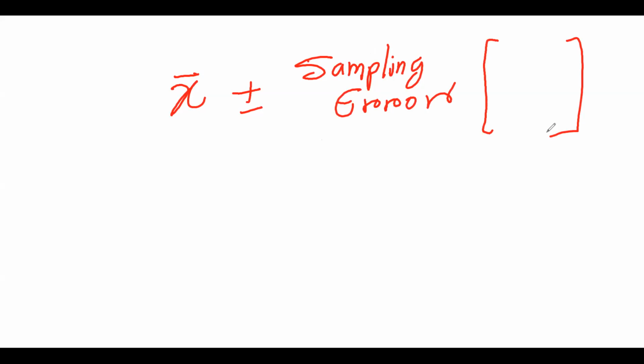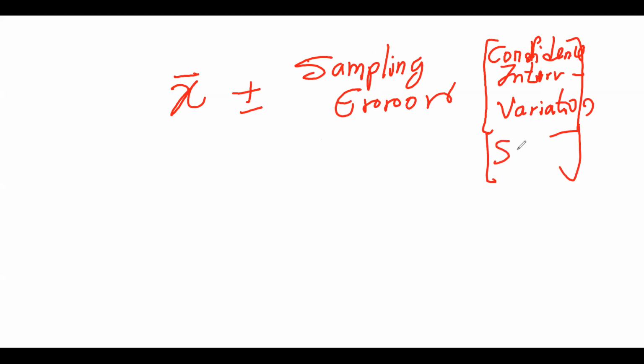Number one, confidence interval. Number two, variation in the sample. Number three, sample size. So these are the three inputs on which the sampling error depends.